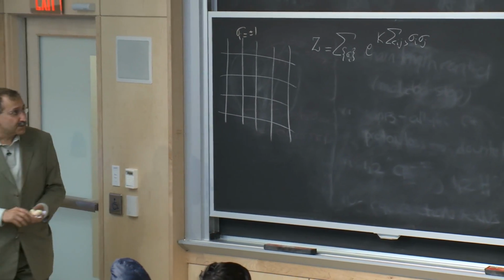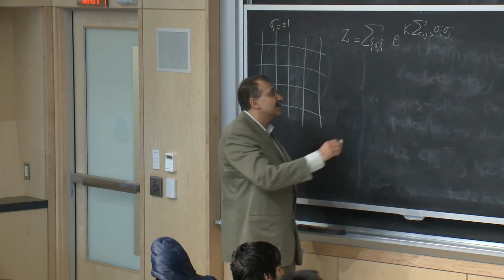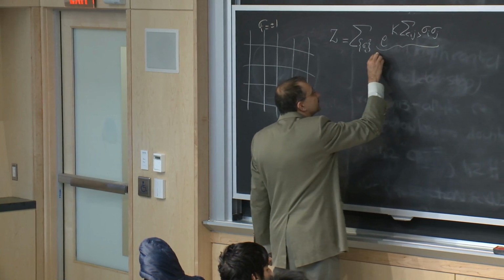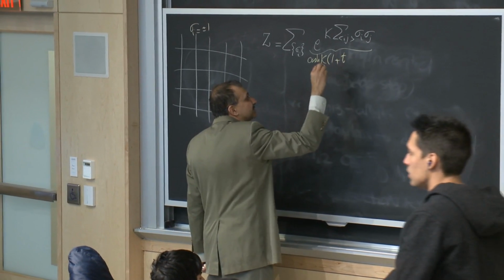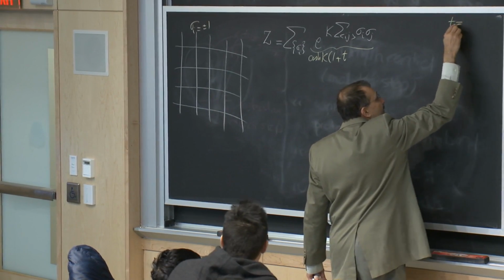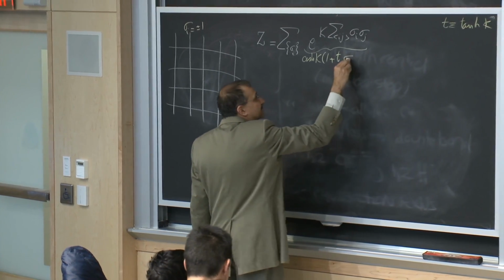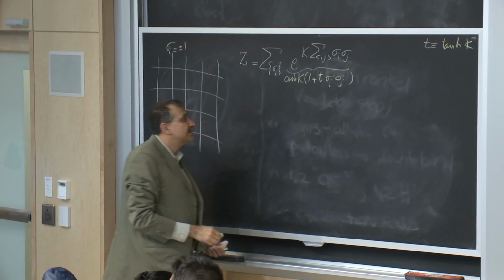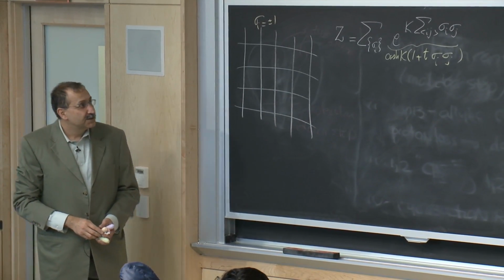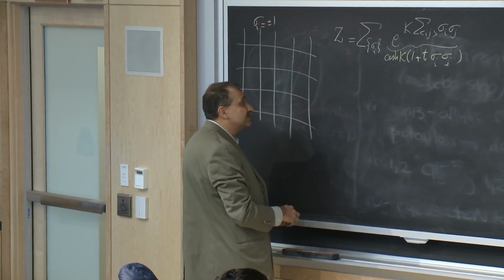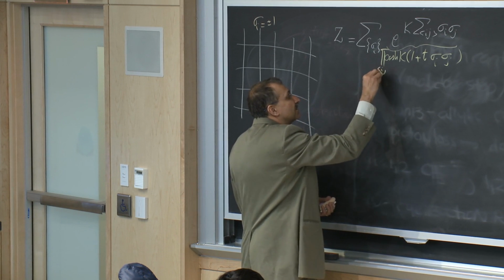So the procedure that we are going to follow is this high temperature expansion. That is writing this as hyperbolic cosine of K times (1 plus t sigma_i sigma_j), with t standing for tanh K. And then, as we discussed, I would have to write this as a product over all bonds.